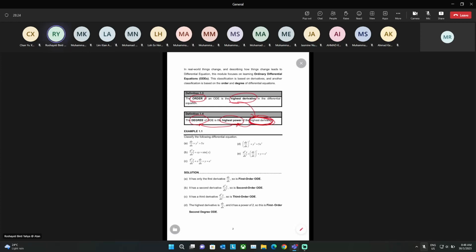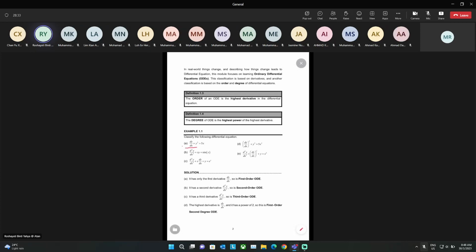So look at example 1.1. For A, dy over dx plus y squared equals 5x. This is a differential equation because we have a derivative here. What is the order? The order of this equation is first order.